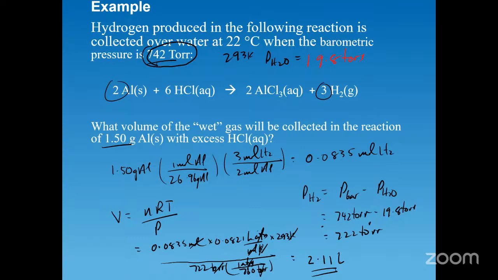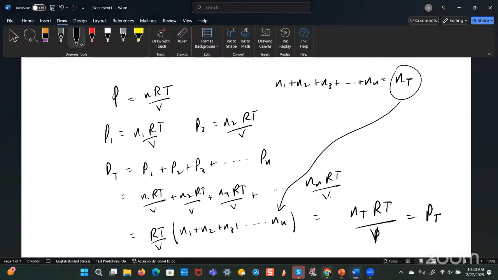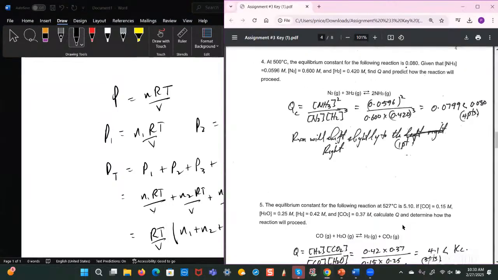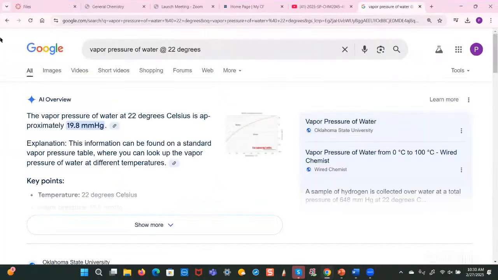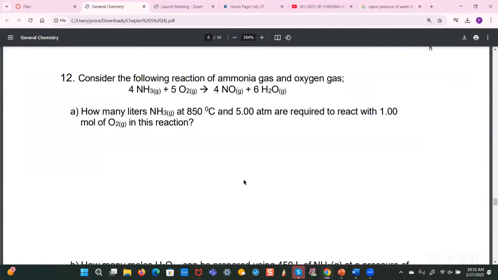Okay, now I think we can, what time is it? 10:30. Okay, let's see if we can do at least one question, maybe two from the assignment. So we can go back here. Okay, so let me scroll up here.